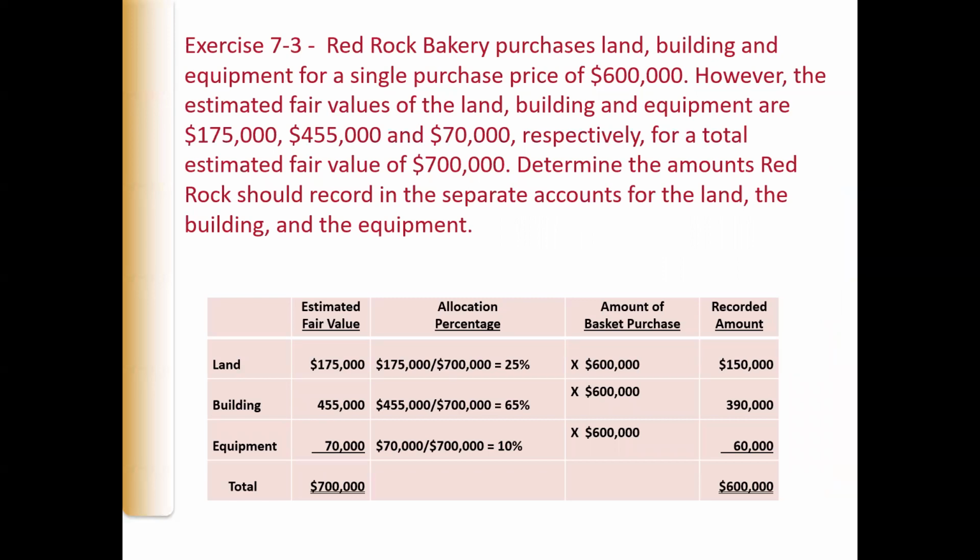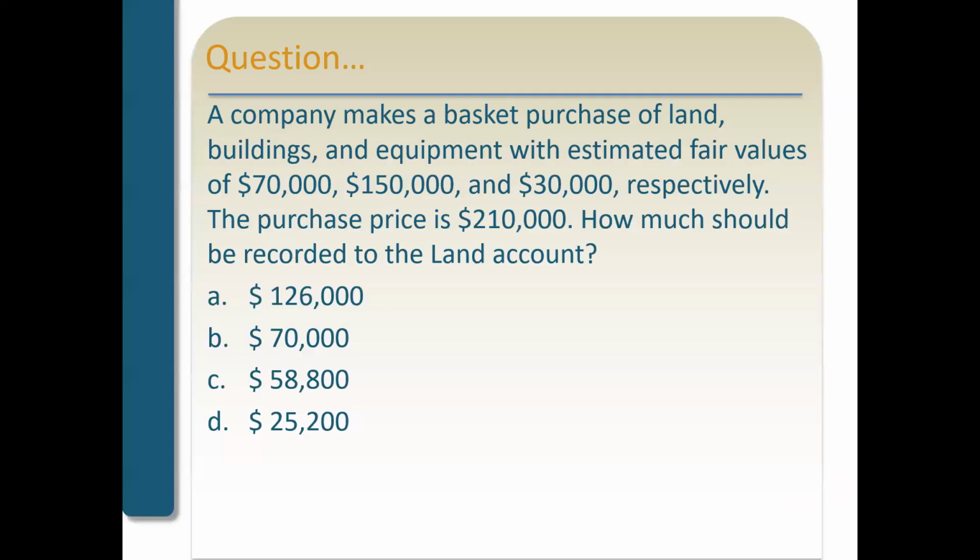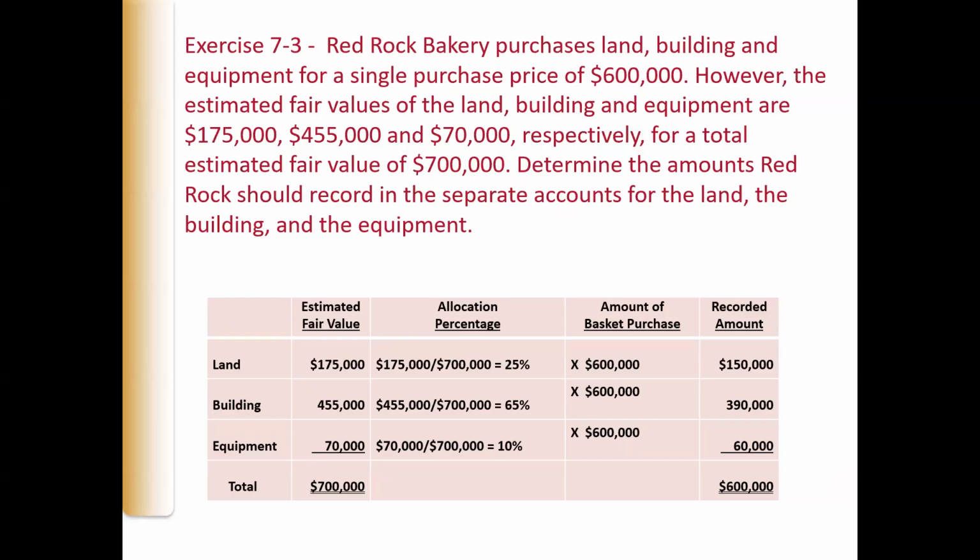So here we've got Red Rock Bakery purchases land, building, and equipment for a single purchase price of $600,000. The estimated fair values of the land, the building, and equipment are $175,000, $455,000, and $70,000 respectively, for a total estimated fair value of $700,000.